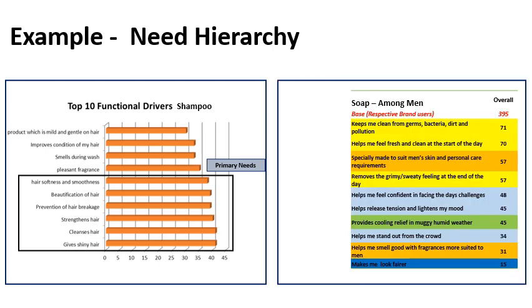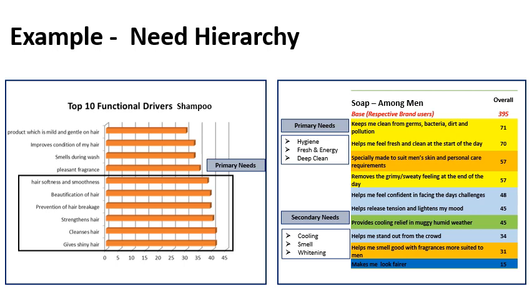Similarly, in case of soap, let's say men's soap, the most important needs are hygiene, fresh and energy, deep clean, whereas the secondary needs are cooling, smell and whitening. So now it depends upon how mature the category is, whether the category penetration is very high. Many a times in a very highly penetrated category, brands start focusing on the secondary needs because the primary needs are already taken. Many brands are there, and then you come up with secondary needs.